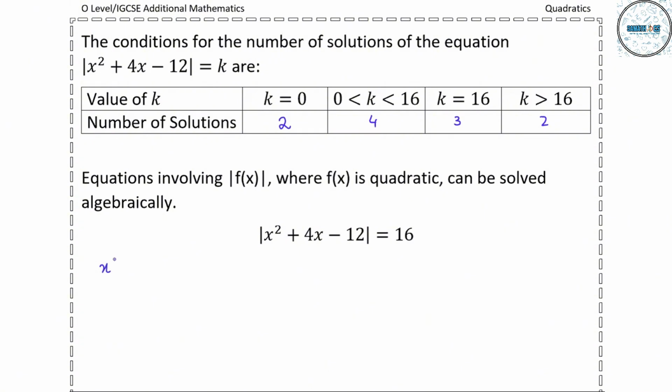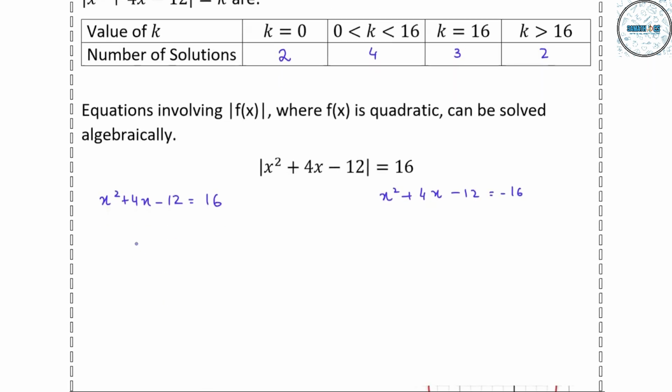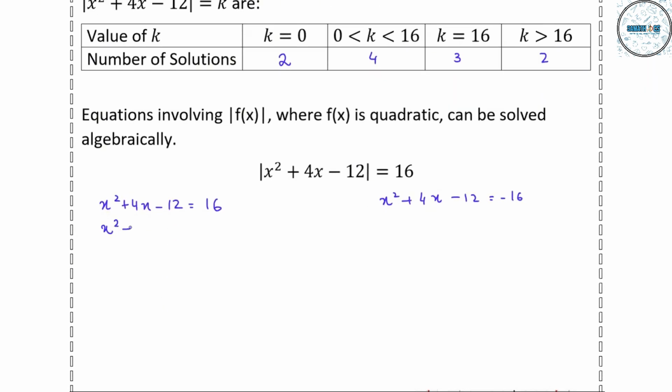We can write x squared plus 4x minus 12 is equal to 16. Another time we can write it as x squared plus 4x minus 12 is equal to minus 16. Then we'll solve the equations. x squared plus 4x minus 12 minus 16 will become x squared plus 4x minus 28 is equal to 0.